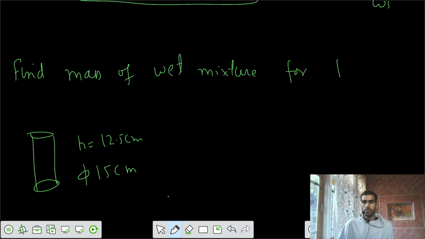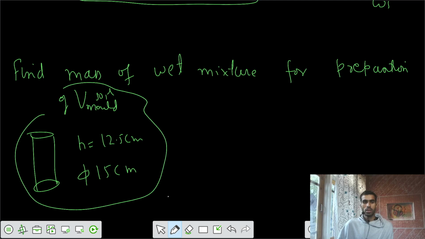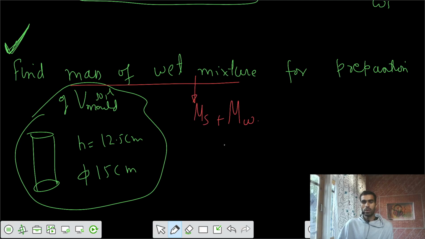For preparation of the volume of the mold, that means the volume of the soil in the mold should be this much. So for this much volume of that particular soil mixture, we have to get the mass of that wet mixture, which is the mass of soil plus the mass of water in that mixture.